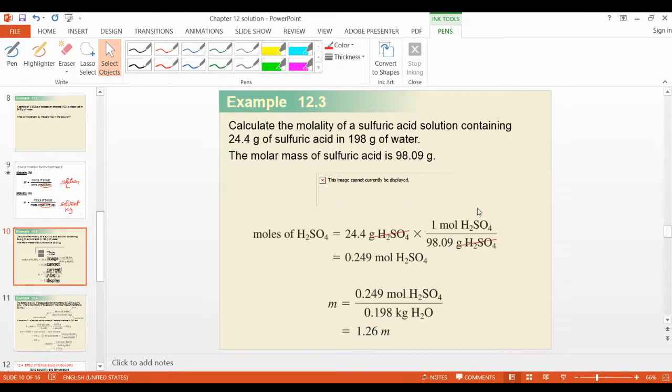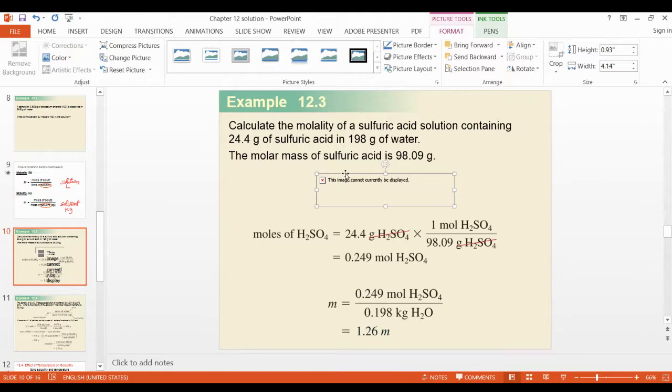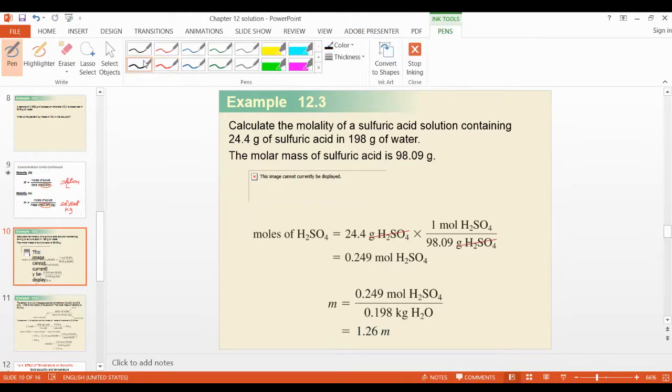If you know the formula, molality equals moles of the solute divided by kilogram of solvent, right?